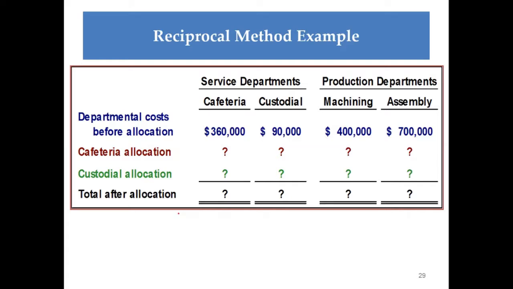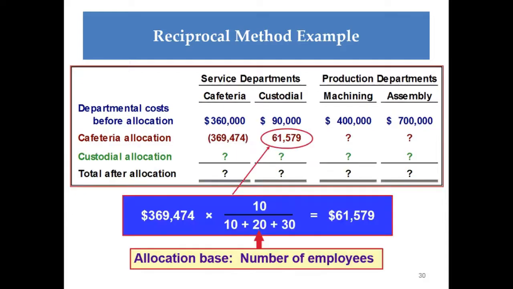Good. Now we start to allocate the cafeteria department to custodial, machining, and assembly, and custodial to machining, cafeteria, and assembly. First of all, we can start with cafeteria. The total cost of cafeteria is 369,474 multiplied by 10 employees for custodial, divided by 60, which gives 61,579 allocated from cafeteria to custodial.